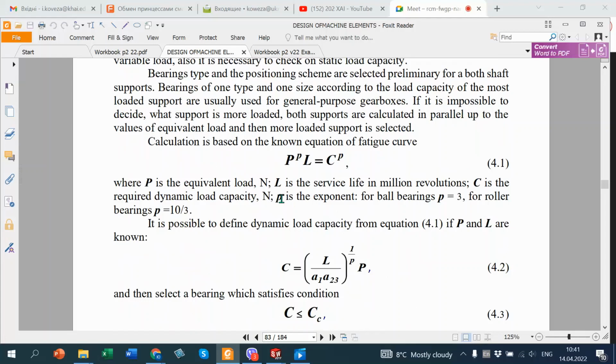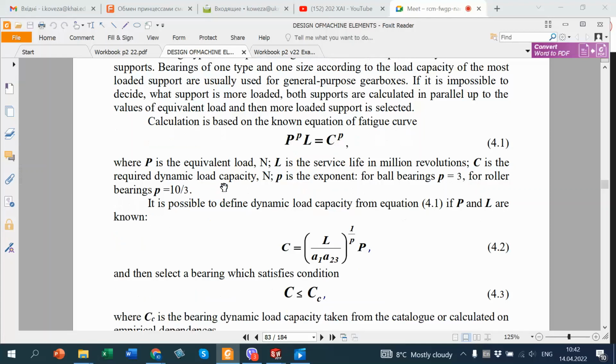P small. You see, in this formula we have two letters P. P capital is equivalent load, P small is the exponent. For ball bearings, exponent P equals 3. For roller bearings, 10 divided by 3.